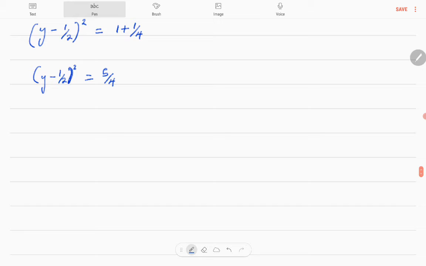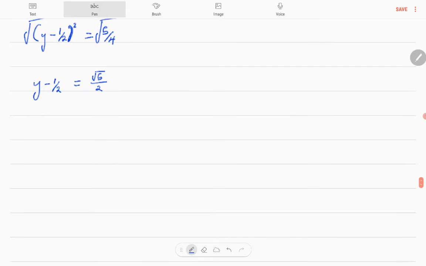And then when I square root both sides, I'll have y minus half is equals to root 5 divided by 2. And of course, bringing minus half to the other side, I'll have y is equals to half plus root 5 divided by 2.